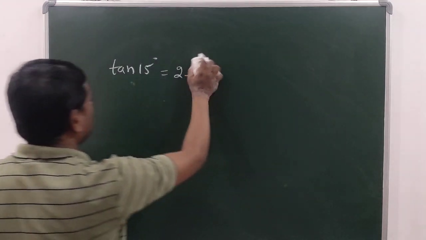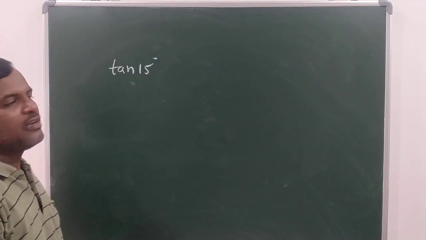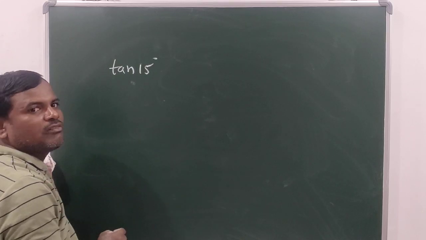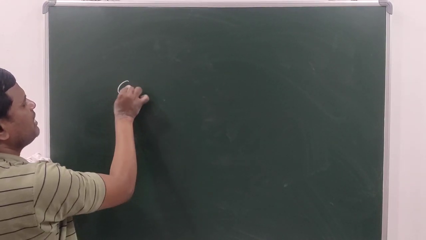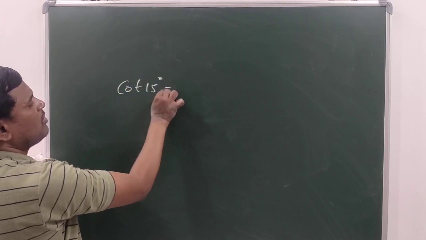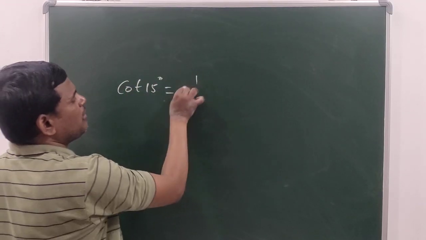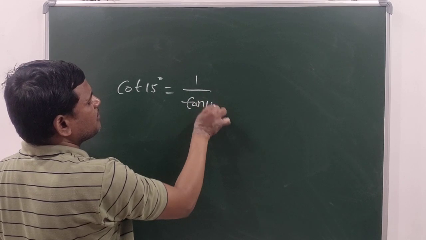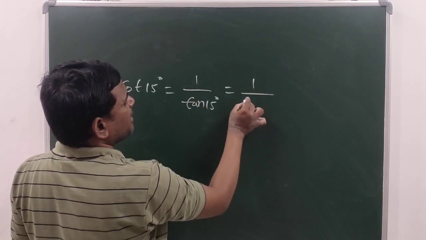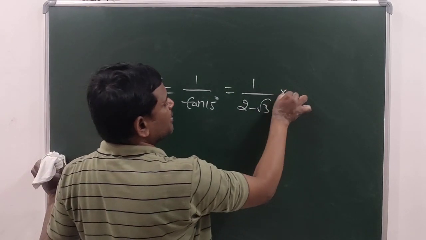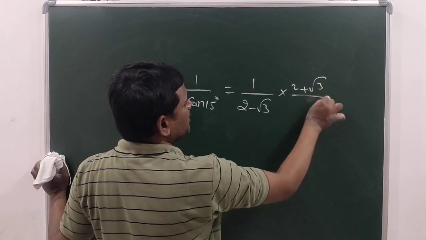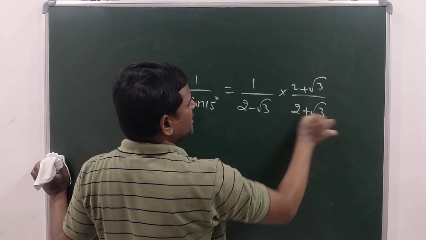Suppose you want cot 15 degrees, what do you do? It is 1 by tan 15, which you have found. Now 1 by tan 15 is 1 by (2 minus root 3). Now rationalize the denominator: 2 plus root 3 by 2 plus root 3.